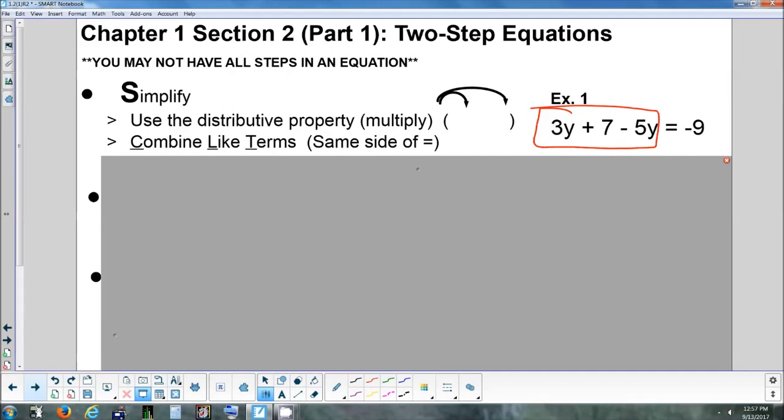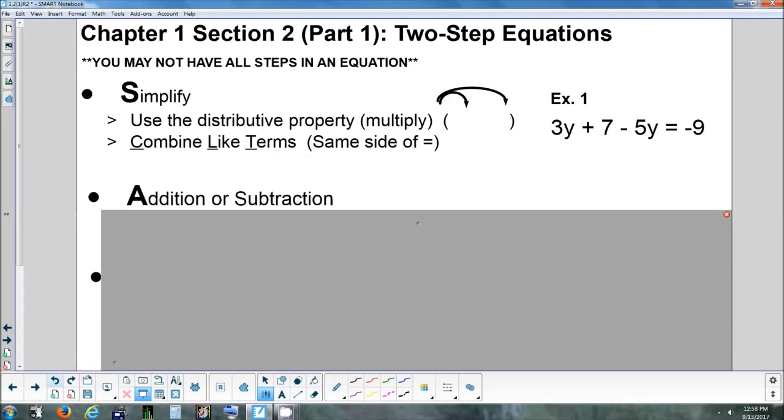What are the two things you could combine? 3y and negative 5y. Exactly. You can combine the 3y and the negative 5y. Joe, I like that you said negative 5, because even though it's a minus sign, it's still to the left of that 5y, so that means the negative belongs to it. So when we go back and solve it, we're going to have to do that step, combine like terms.